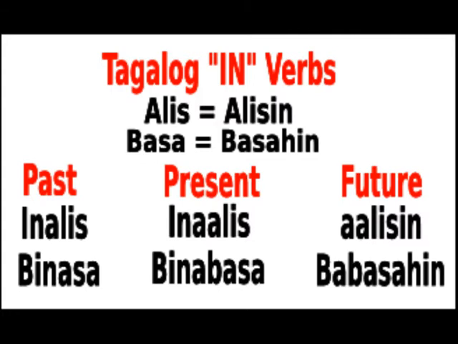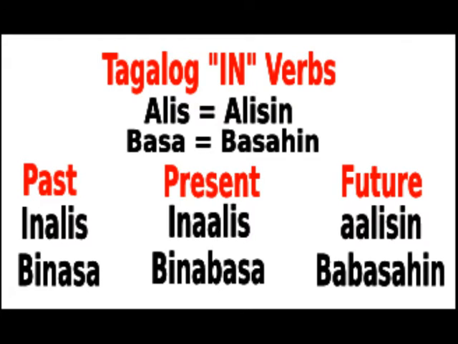1. In regular verb formations. 1a. In is suffixed to a root word that ends in a consonant. For example, alis becomes alisin, and pasok becomes pasukin. 1b. In is suffixed to a root word with an end glottal catch and ends in a vowel.